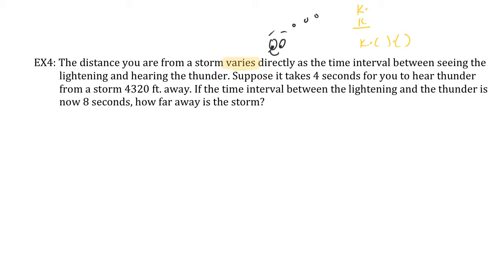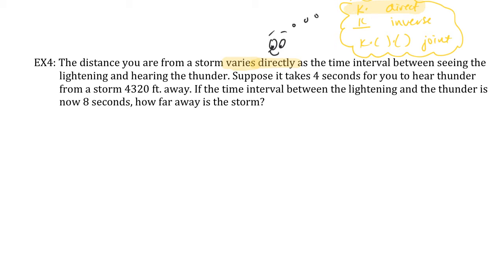This is the direct, this is the inverse, and this is the joint. I want that word to immediately make you think of one of those three options. Because it's saying varies directly, I'm going to use that top one.